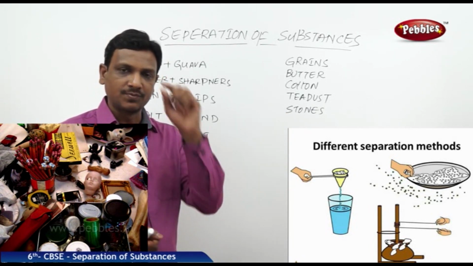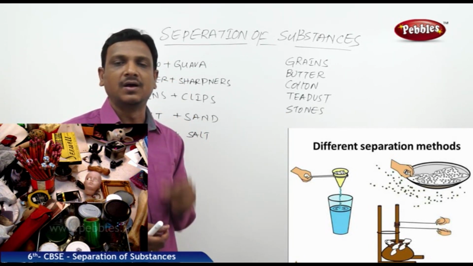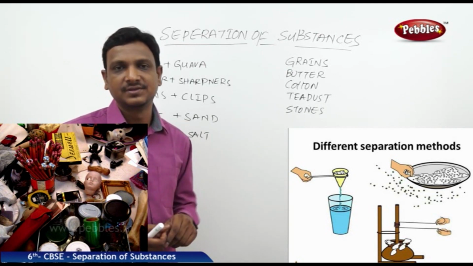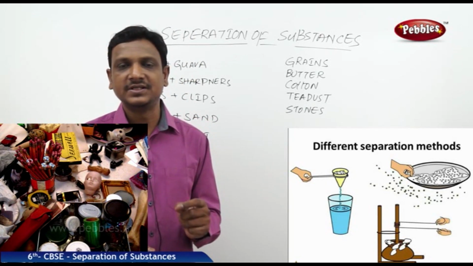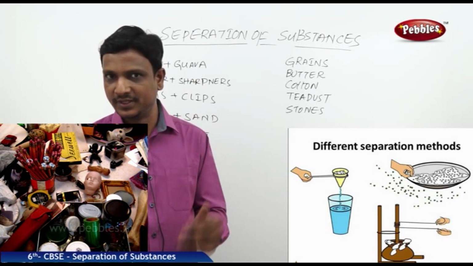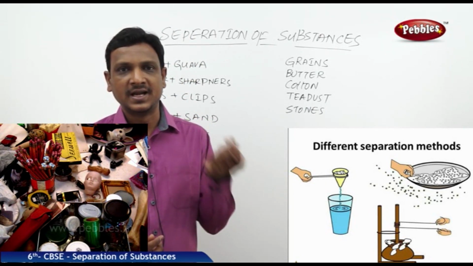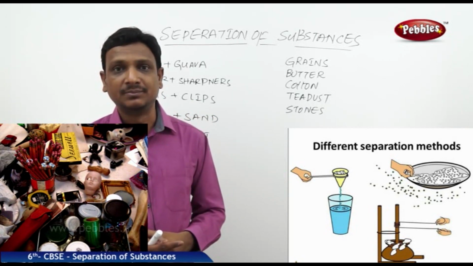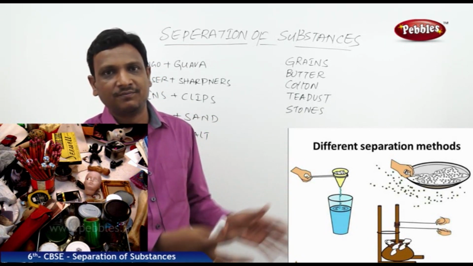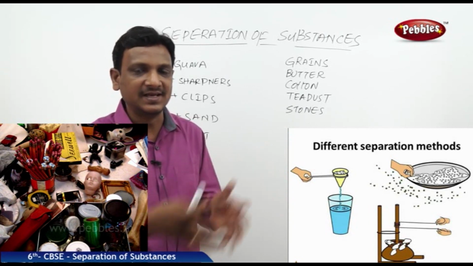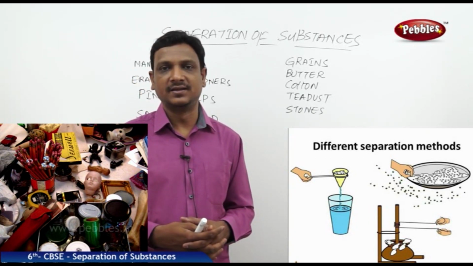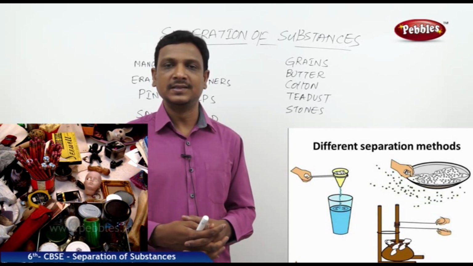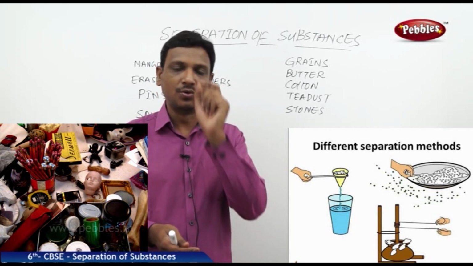Stones. Small stones are found in the food items. Food items are generally adulterated, mixed with certain stones to increase their weight to get profit. The people add little stones. Sometimes during the process of procuring them from the fields directly, certain stones may enter into the grains like rice or wheat or dals, pulses, they contain stones.